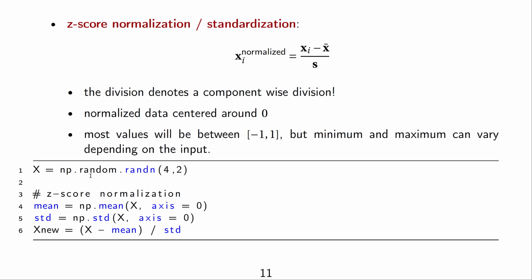Here's some Python code. If we have some data matrix, I just create some random data matrix, then to compute the mean per column, we say we want to have the mean, and then here we give the axis of the tensor.